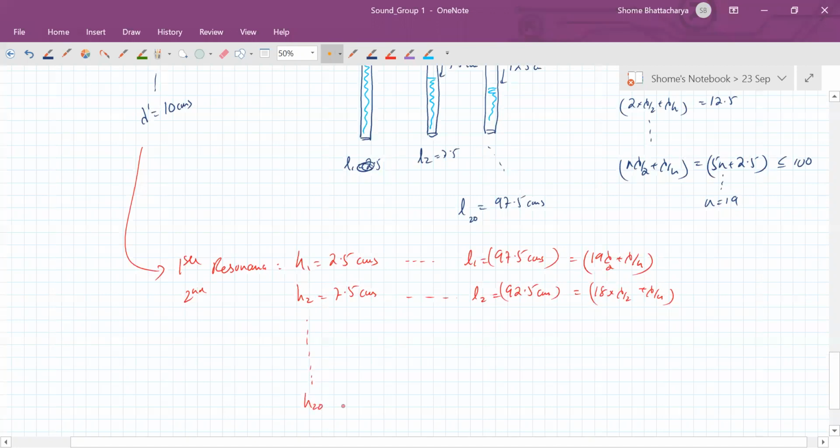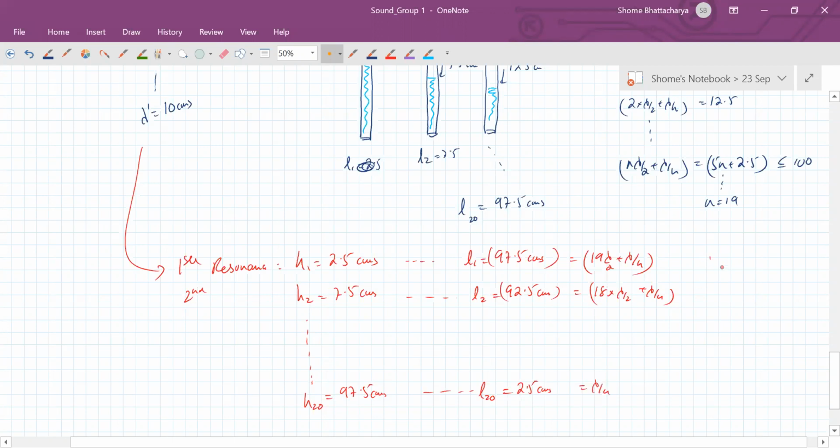We'll see that the 20th resonance, I think, would occur when the height is 97.5 centimeters. So the length of that column is 2.5 centimeters, which is equal to lambda by 4.